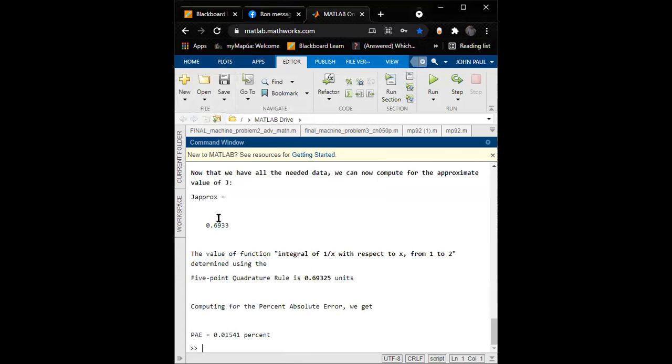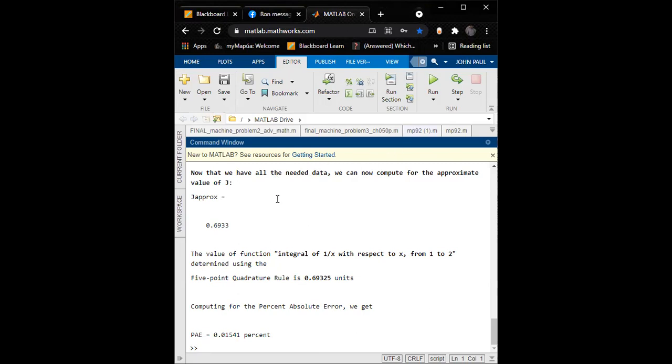Thus, the value of the integral of 1 over x with respect to x from 1 to 2 determined using the 5-point quadrature rule is 0.69325 units. Computing for the percent absolute error, we get 0.01541%. So among the four methods, the 5-point quadrature rule has the least percent error.